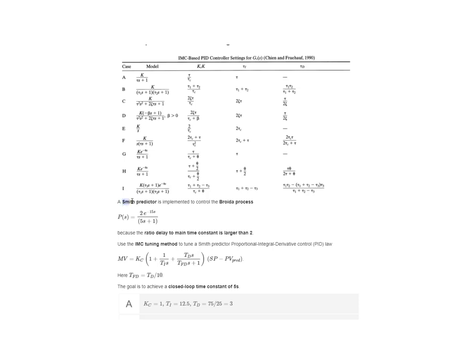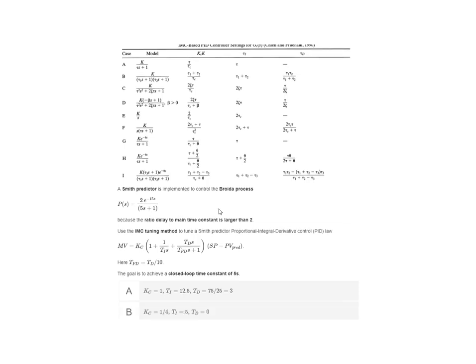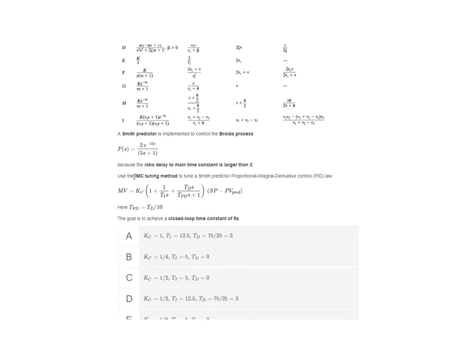So we use a Smith predictor, right? And of course we have to tune the underlying controller, and we ask you to use the IMC tuning method to tune the Smith predictor PID controller that is given over here.